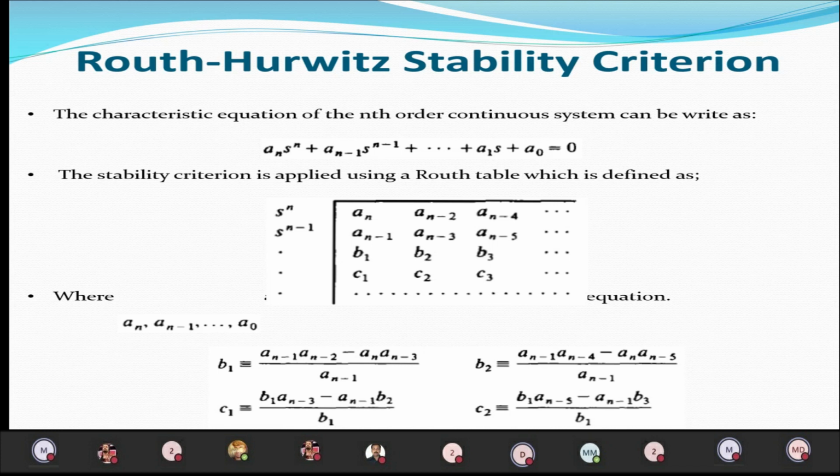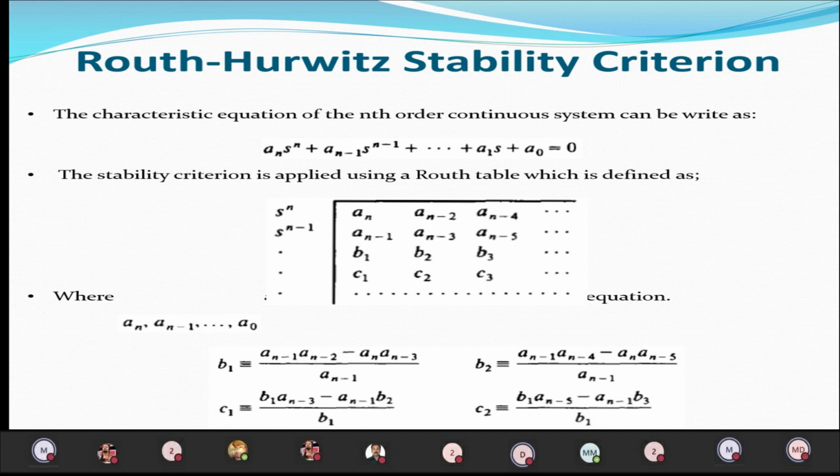Now you have to fill the second row. As we have taken s power 4, the next decrement power is s power 3, so s power 3 is considered as the second row. Here s power 3 is an odd power, and the next decreasing order is s power 1.